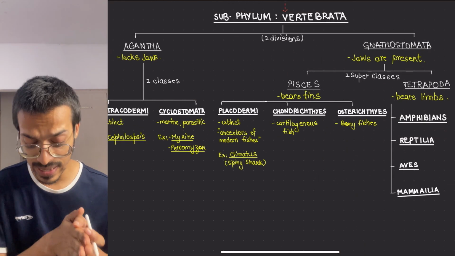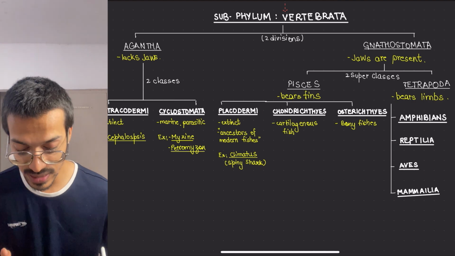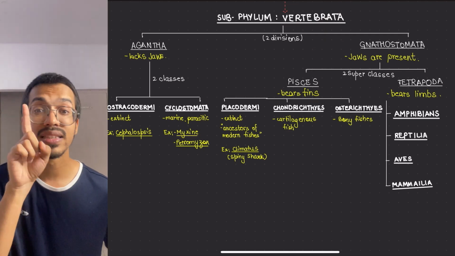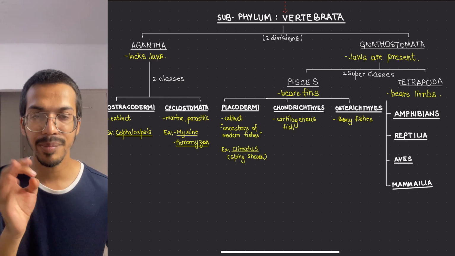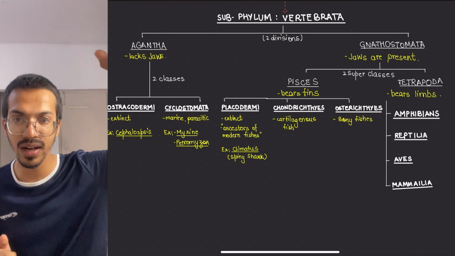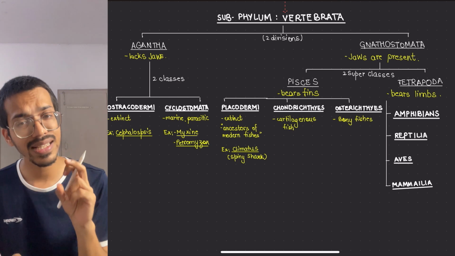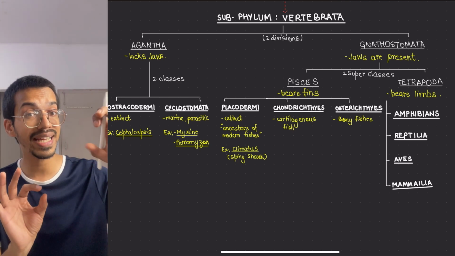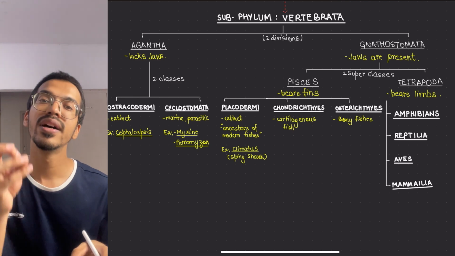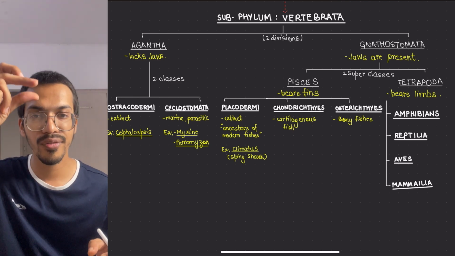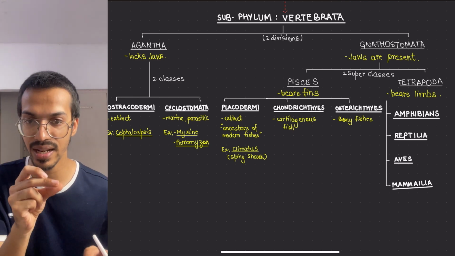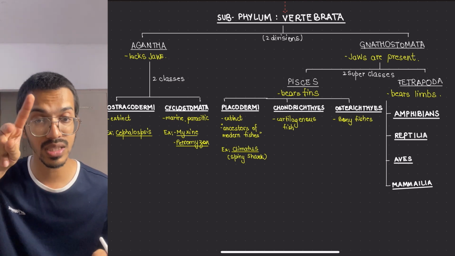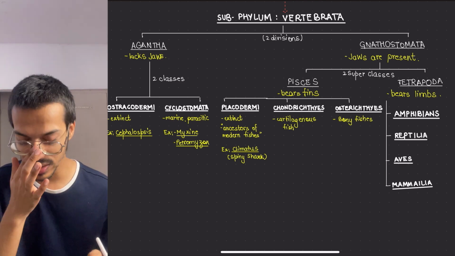In this subphylum Vertebrata, we see it has two divisions. These are also not at the class level. Remember, we have kingdom Animalia, then phylum, then class, right? Still we are not talking about class here. We are talking about in-between levels, because we have divided the phylum Chordata into subphyla. So Vertebrata is one such subphylum.